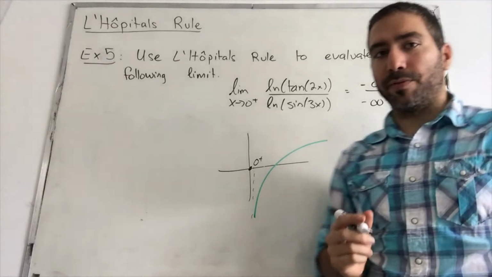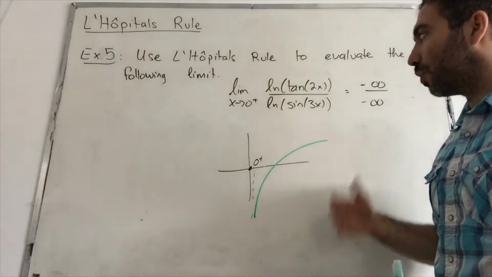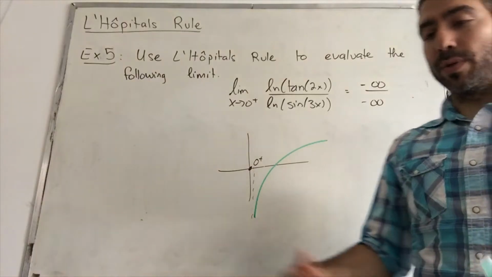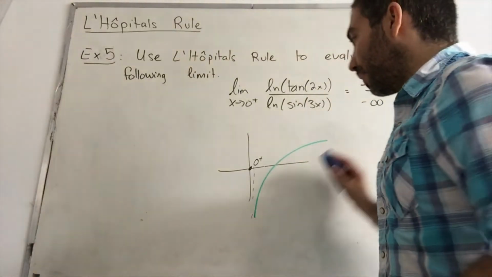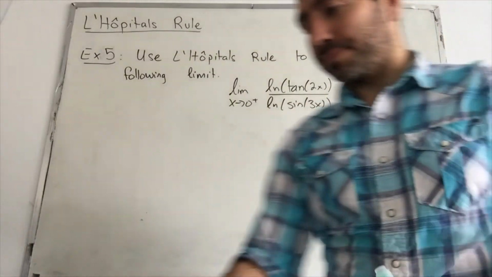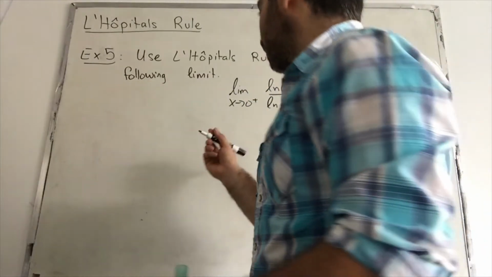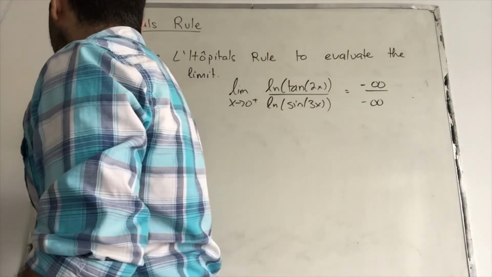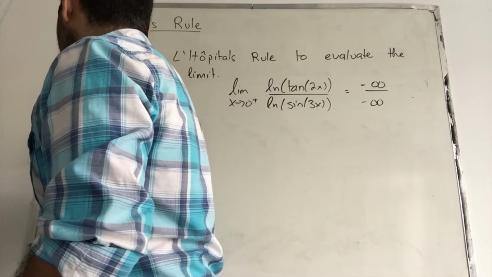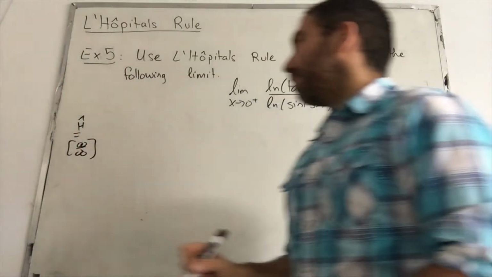So we have the indeterminate form negative infinity over negative infinity, or infinity over infinity. So we could apply L'Hopital's rule. So let's go ahead and do that. So I'm going to put infinity over infinity.